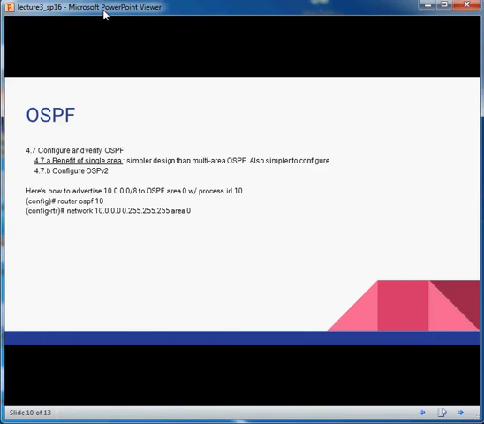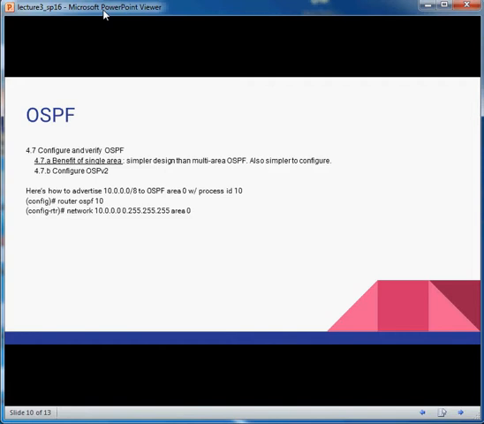You'll have area 0 and multi-area as well, but it's not going to be the only area. The routes are going to be shared between multiple areas. In this particular case, we're only going to worry about one area.